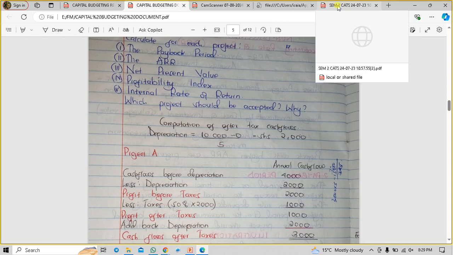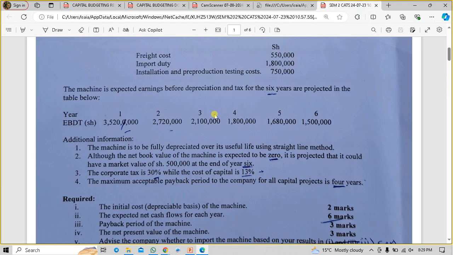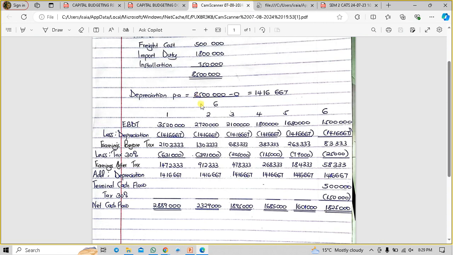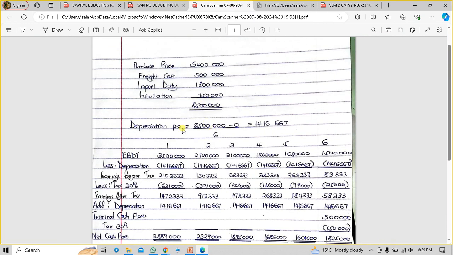So in this question, we have calculated depreciation as well. Yes, and the formula for, yes, you add and then you subtract, then you add.